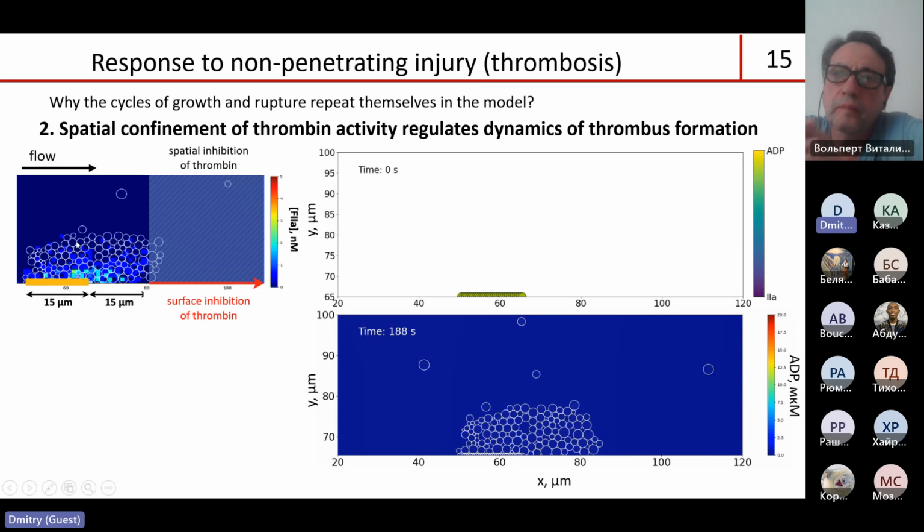That is why in these outer regions of the platelet aggregate we don't have much secretion, because the concentration of thrombin is rather low because of advection. ADP can get here because it has a much higher diffusion coefficient, so it's not as highly diluted as thrombin. Here we postulated that after some distance the activity of thrombin is 0, so all the thrombin activity is restricted to this site. After the granule secretion in this site ends, we also see the disassembly of the external region of the thrombi.